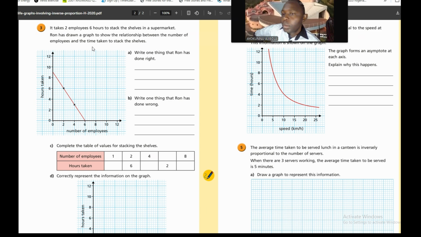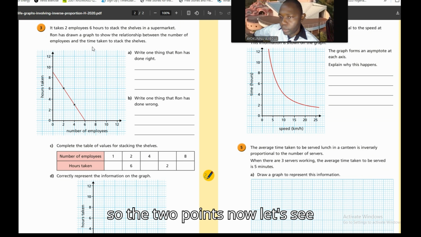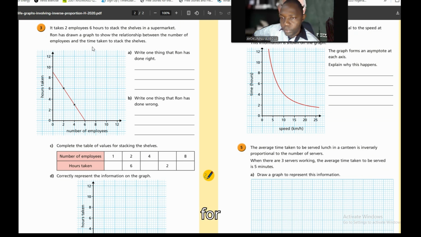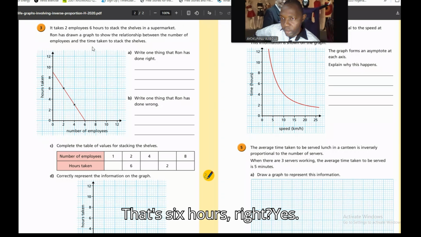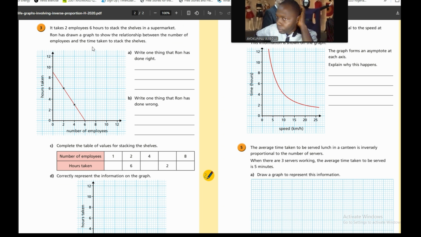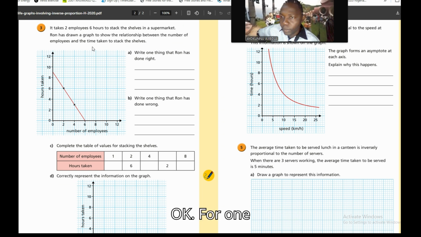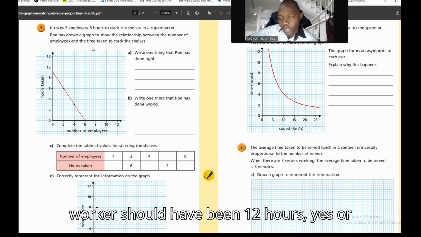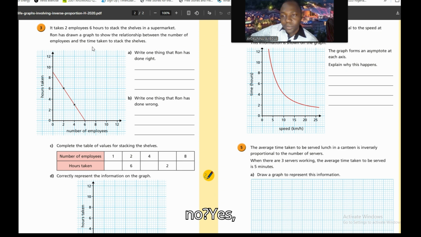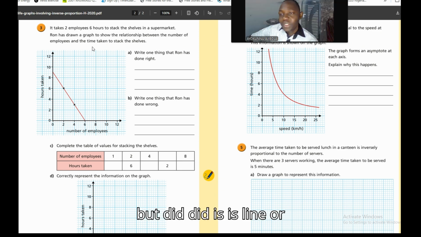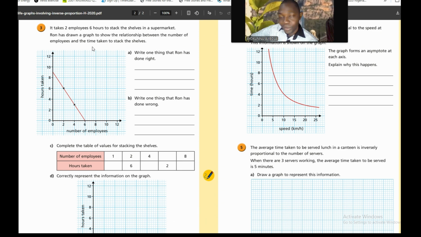Okay. So the 2 points, let's see. For two workers, that's 6 hours, right? Yes. For one worker, it should have been 12 hours, yes or no? Yes. But is it a line or a curve?